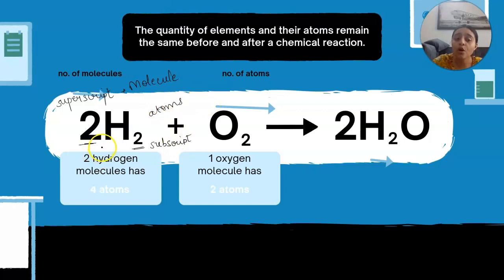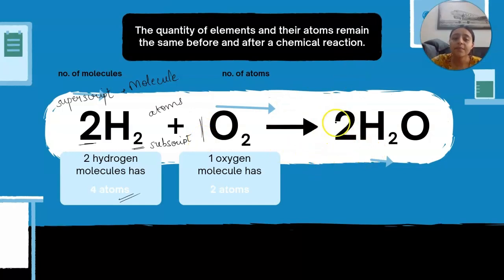So there are two molecules of hydrogen with two atoms each, so in total we can see 4 atoms of hydrogen here. Similarly for oxygen, there are 2 atoms of oxygen but 1 molecule of oxygen. So we have balanced it out.